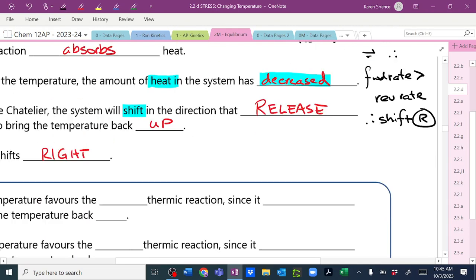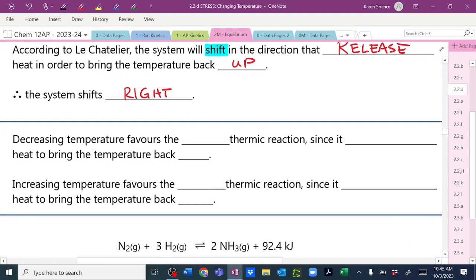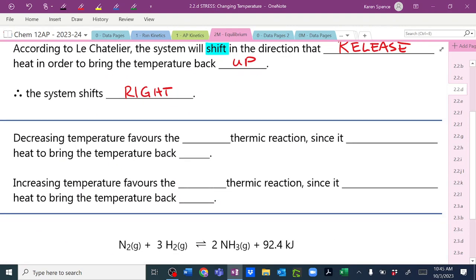Okay, next, decreasing temperature. You can also use this phrasing if you wish to explain temperature shift in terms of Le Chatelier.